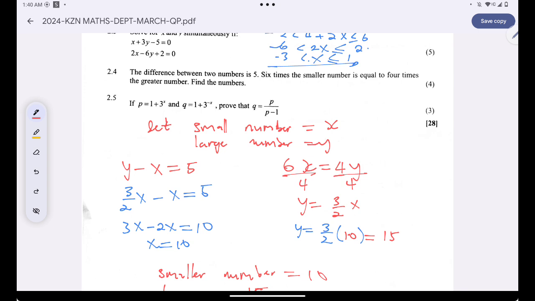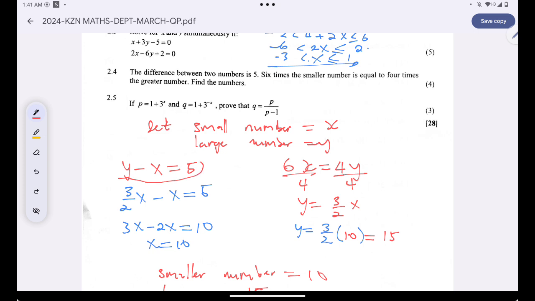Okay, I was told that the difference between two numbers is 5. Here, you just need to take whatever statement they tell you and then change it to a numerical equation. Are we together? I just said that because I have two numbers, a smaller number and a bigger number. On the first statement, I'm told that if I subtract the two numbers, I'll get 5.